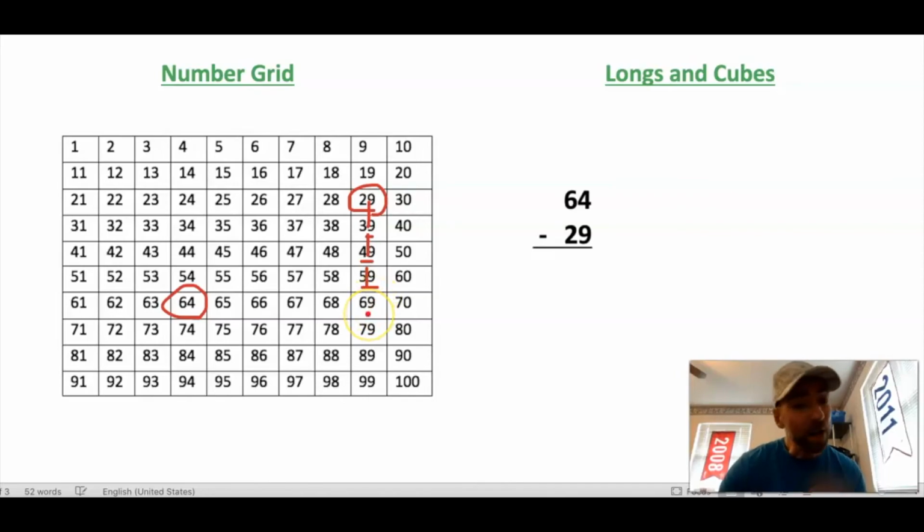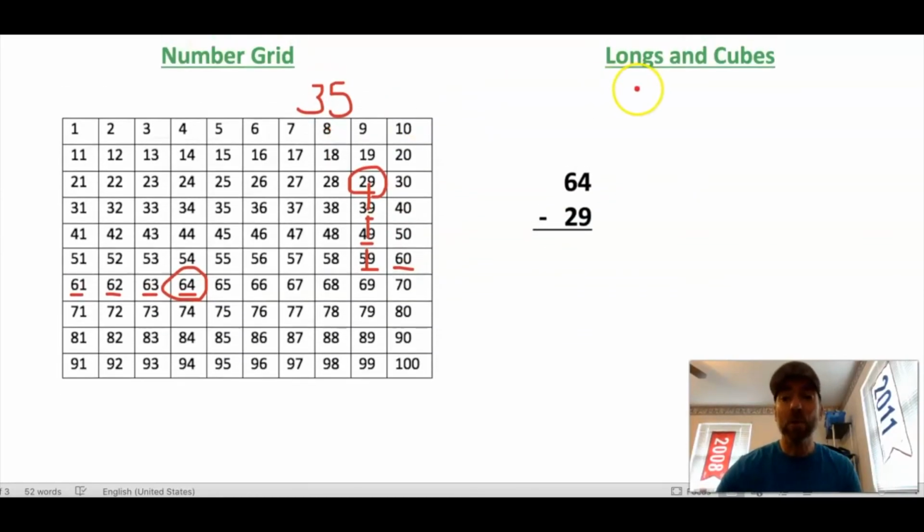I don't want to go past 64. So now I have to count by ones. 31, 32, 33, 34, 35. I got the same exact answer as when I did my open number line.